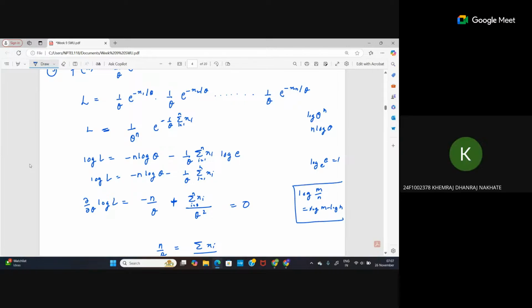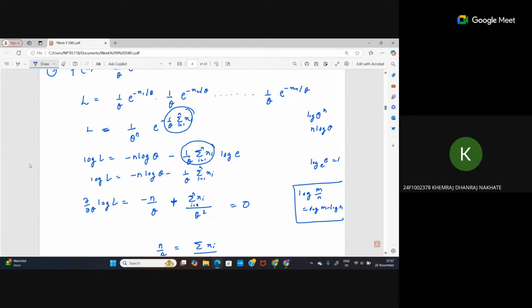I have used this formula, so this will be minus n log theta. And here this term is in the power of exponential, so it comes here and it will be log e, and log e to the base e is equal to 1, right?